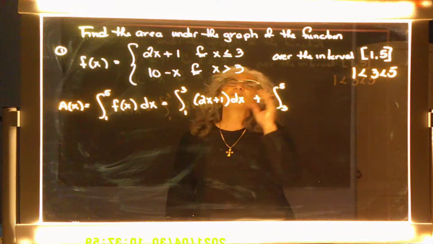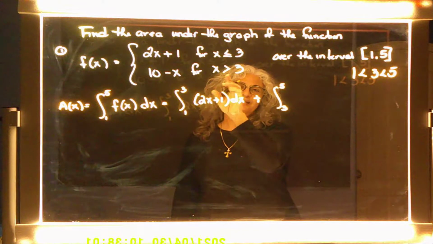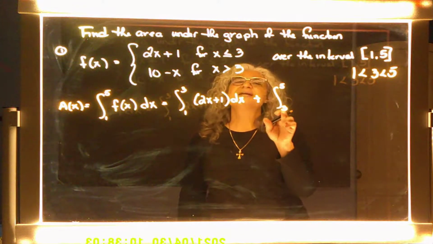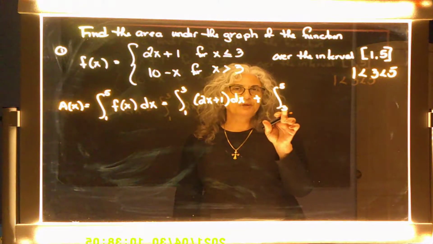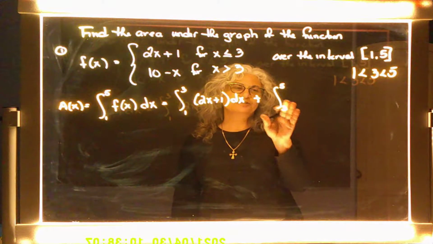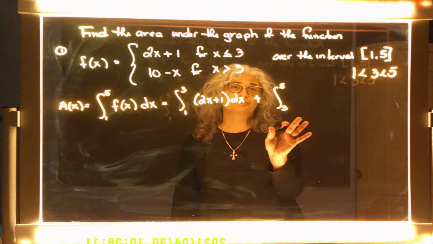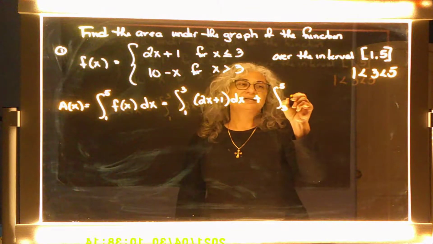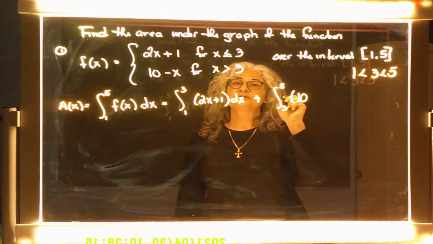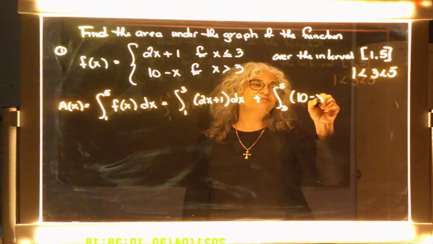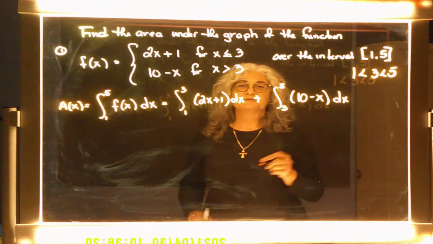And some of you are like, but wait, that one doesn't say x is equal to 3, so yes, I understand that. But remember, this is going to work itself out because this part's going to get subtracted off, right? So I don't have a duplicate going on. And the function I'm using for the integral from 3 to 5 is 10 minus x dx.